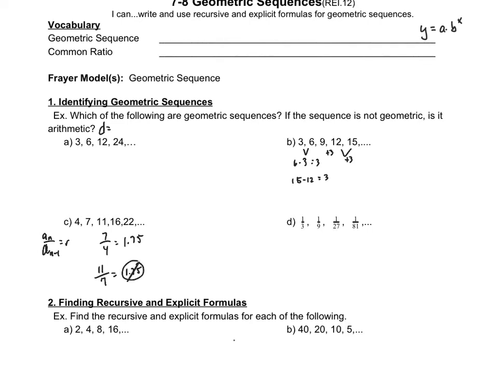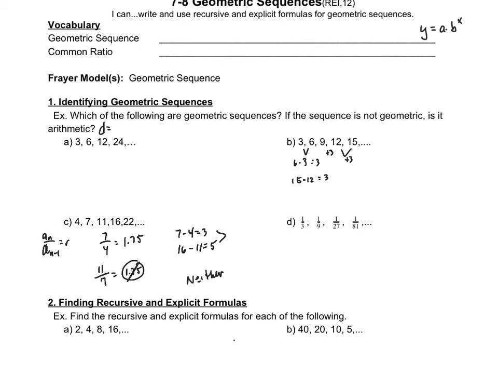Therefore, we don't have a common ratio. If I now say, okay, no common ratio, let's look for a common difference, I would take 7 minus the previous term, and I get 3. And then I pick any other term, and I get 16 minus 11, and that is going to give me 5. It doesn't look like I have a common difference either, so this one falls under the neither category.